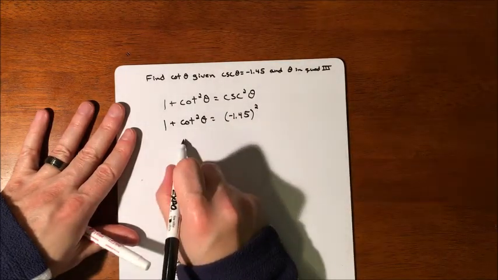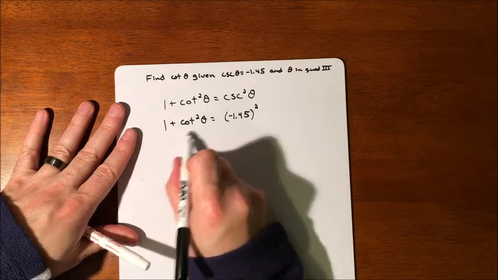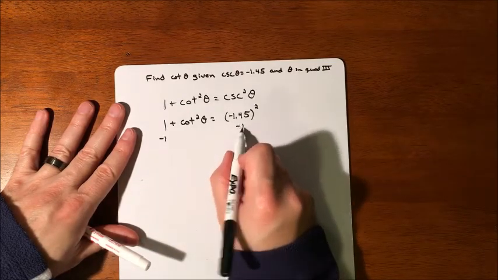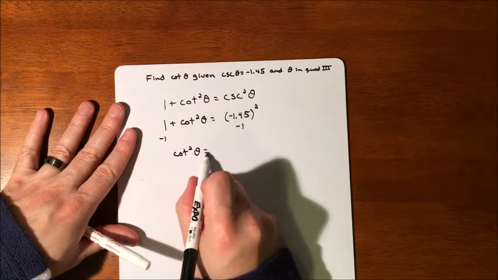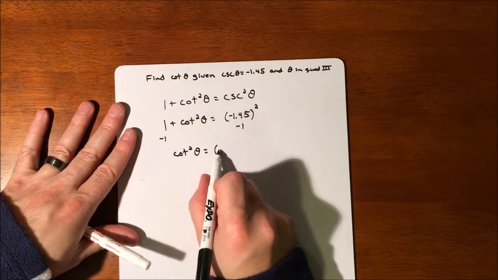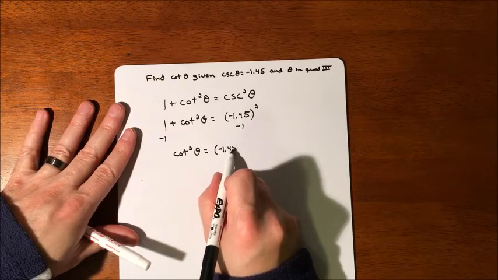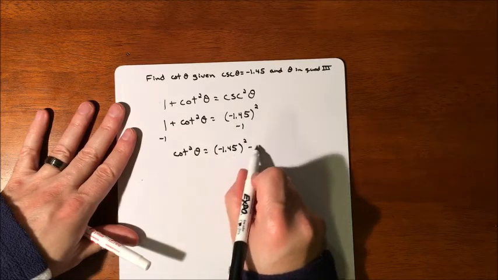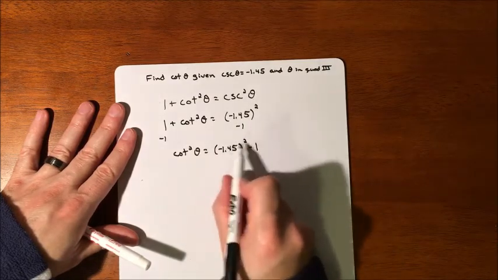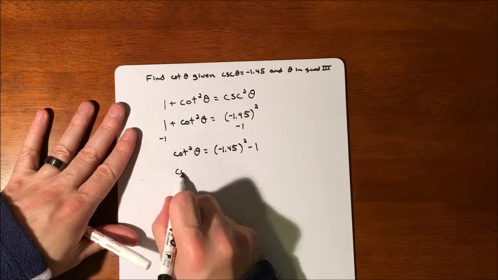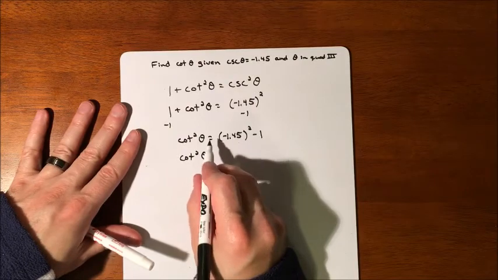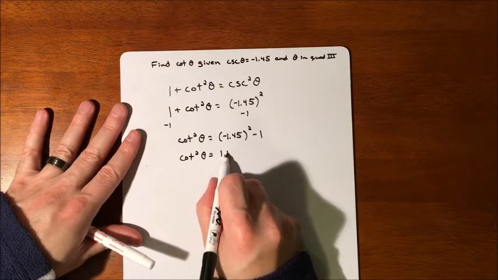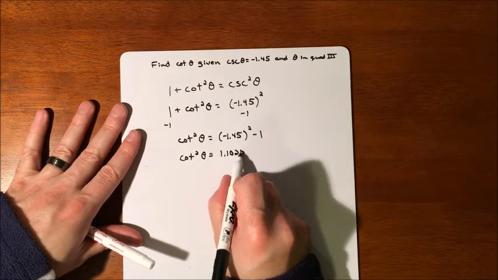All right, so then my next step is I'm going to be subtracting this 1 over. So cotangent squared theta is going to equal whatever this turns out to be, and I'll be putting this into a calculator, and subtracting 1 from it. So if I do that, I get 1.1025.